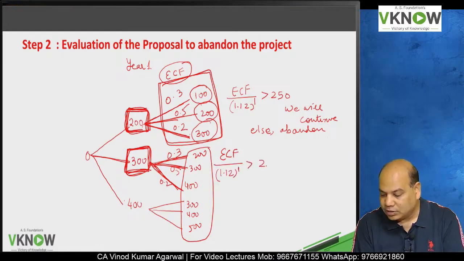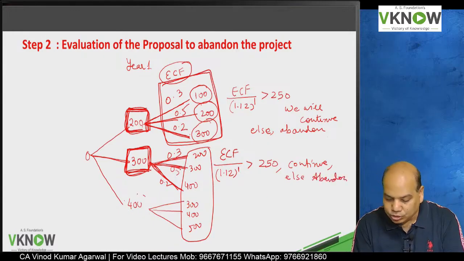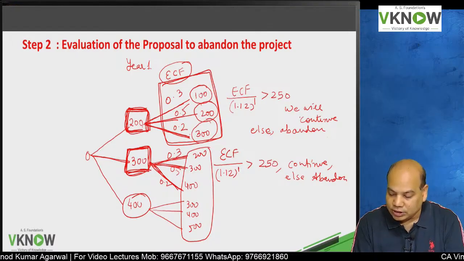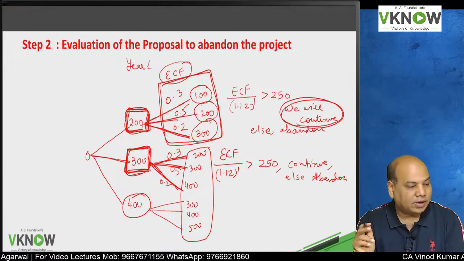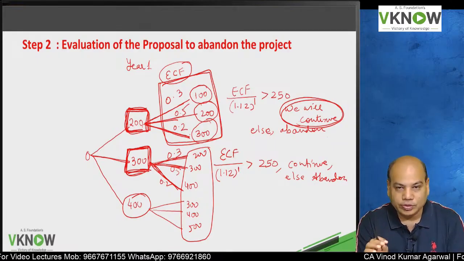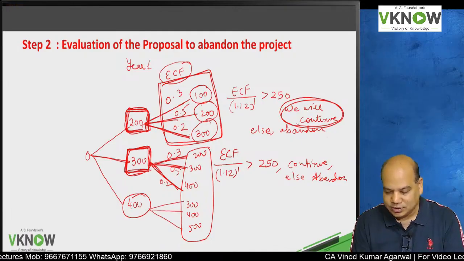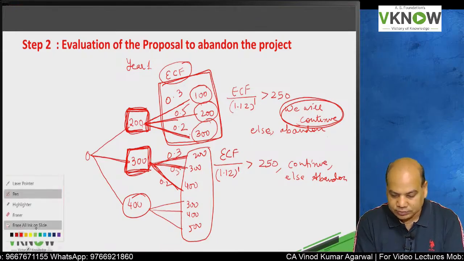If it is greater than 2,50,000, continue. Else abandon. And you will do the same thing for this also. So if you find your continuation value is more than the abandonment value, you will continue. If you find your continuation value is less than the abandonment value, then you are going to abandon. Is it right? So let us solve it now.